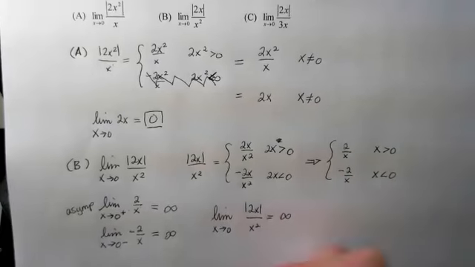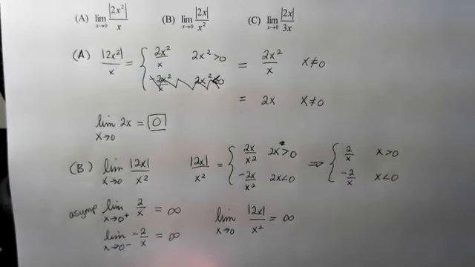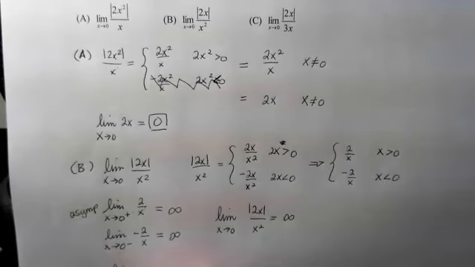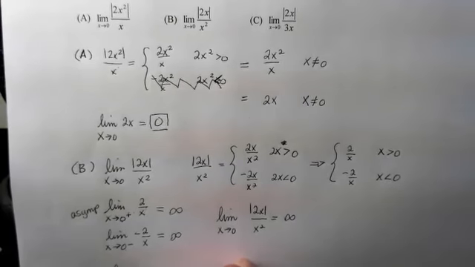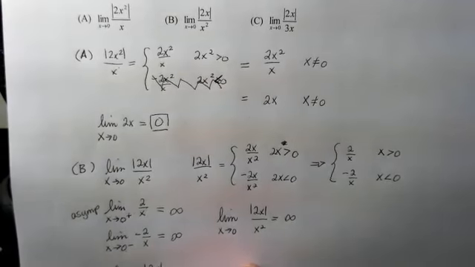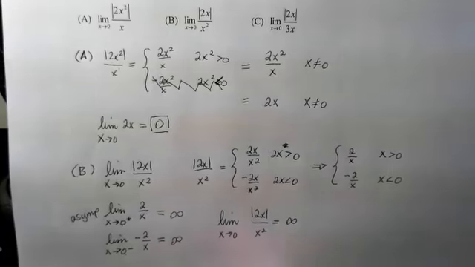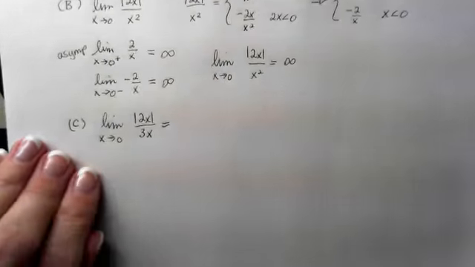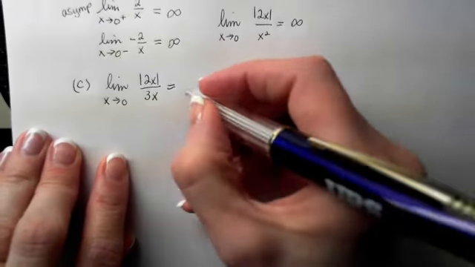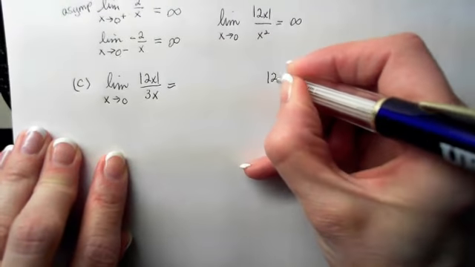The third and final problem, I'll write down here and then I'll scoot my camera up. We are approaching 0 again, and we still have an absolute value, so we need to break that absolute value up. So if we look at this, we again will have a piecewise function.